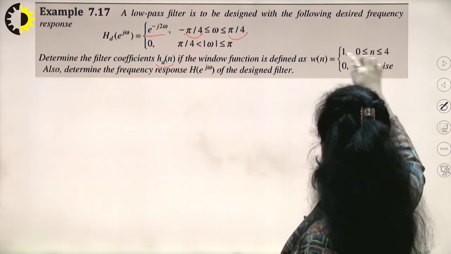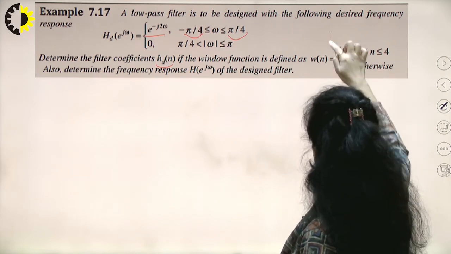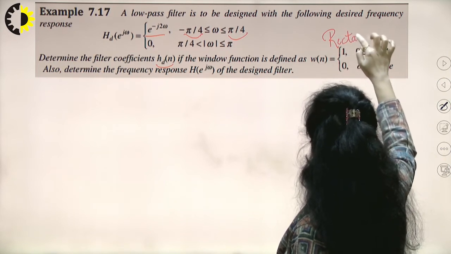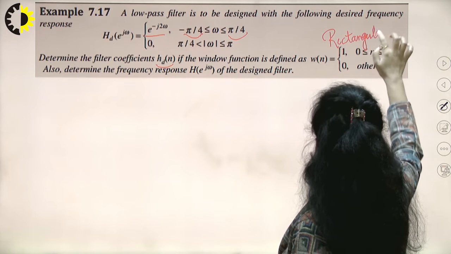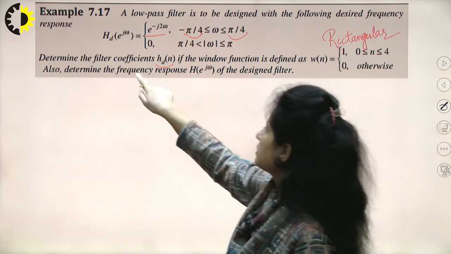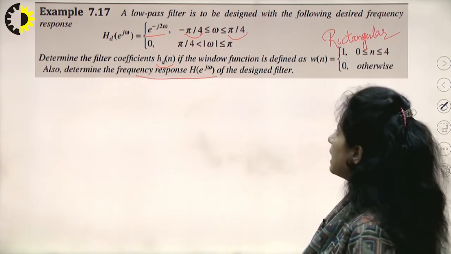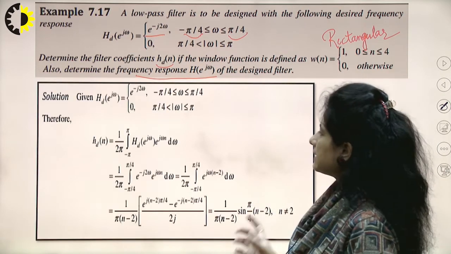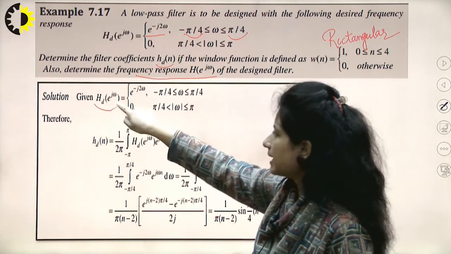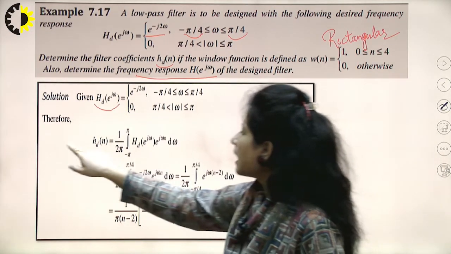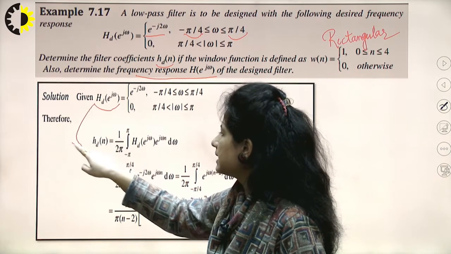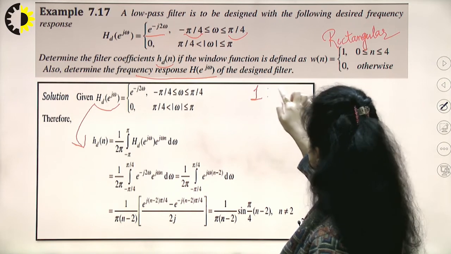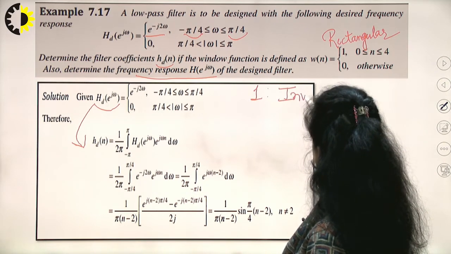If the value is 1 for these 5 samples, that means I am simply talking about a rectangular window. So I need to determine the frequency response of the given response to design the FIR filter. The simplest technique is to take the given function, that is Hd of omega, and convert this into hd(n). That means the first step in the design is taking the inverse Fourier transform.